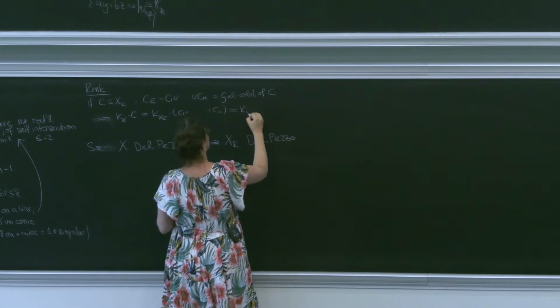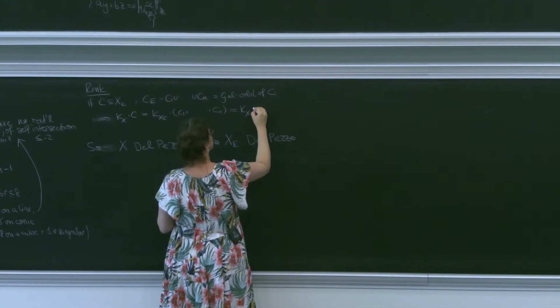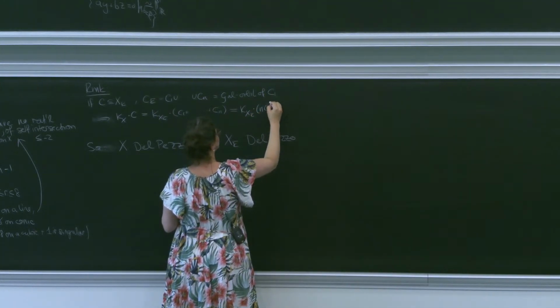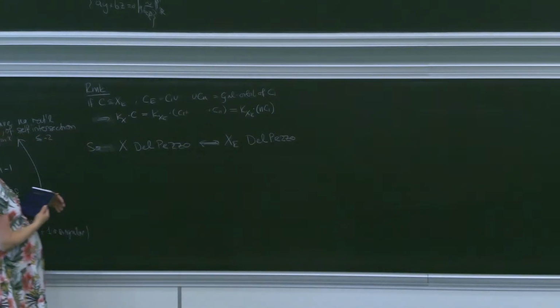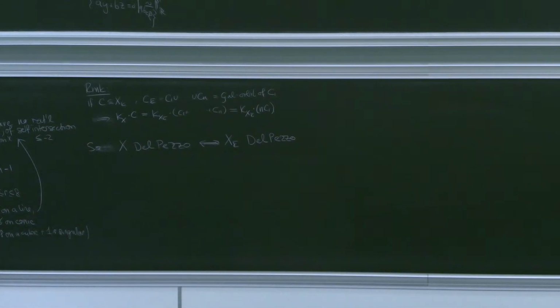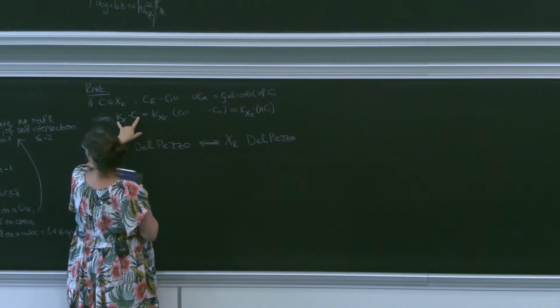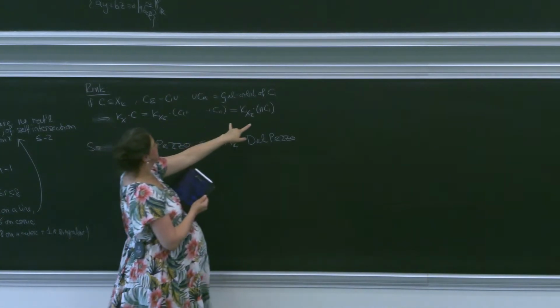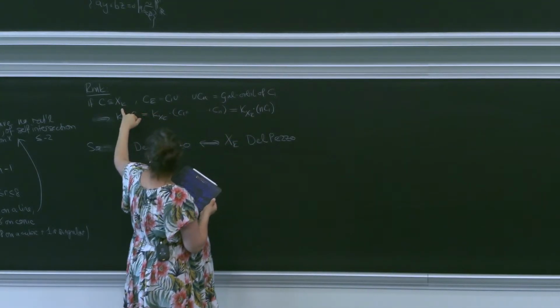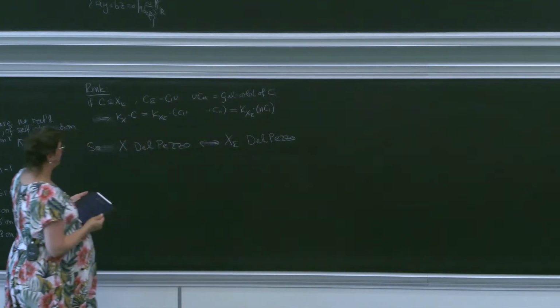So this is X K bar times n. So if the intersection of the anticanonical divisor is positive against all curves, the same is true over K bar and vice versa.